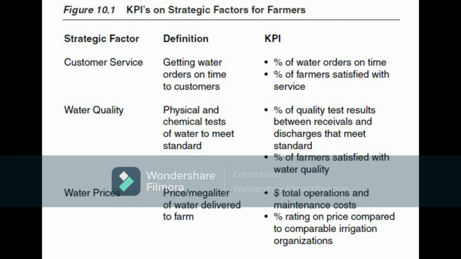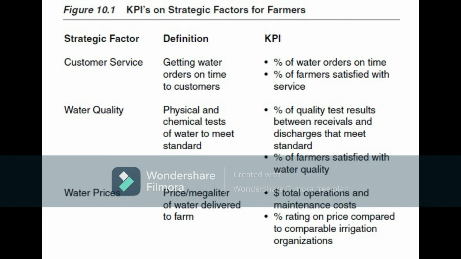Farmers will then stay with this particular organization and not seek to substitute its method of irrigation with alternative technology. If it falls down on these strategic factors, the farmers will start looking for other ways of obtaining water for their crops. The result will of course be a decline in revenue for Griffith Irrigation.